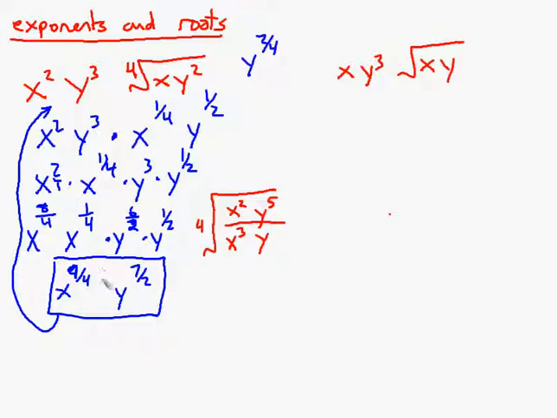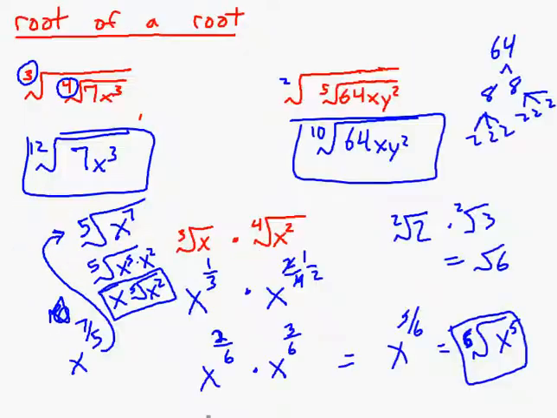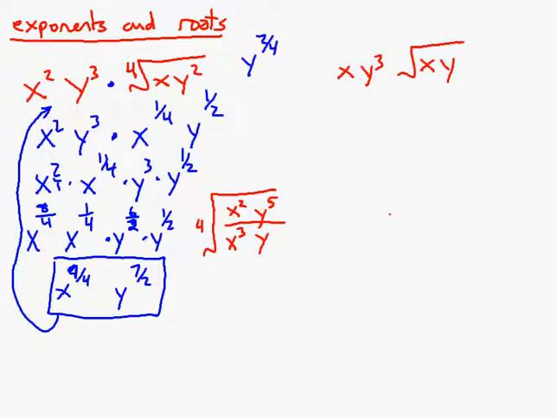So we wanted to do the multiplication here and get those combined. So we are in essence doing the opposite of what we did over here, if that makes any sense at all. We wanted to do that multiplication. Same thing here. We want to do this multiplication, and in order to do that, we're going to have to switch to exponential form and add our exponents.